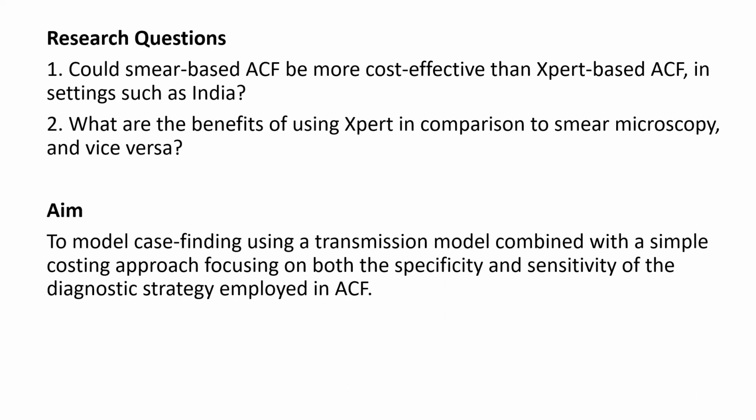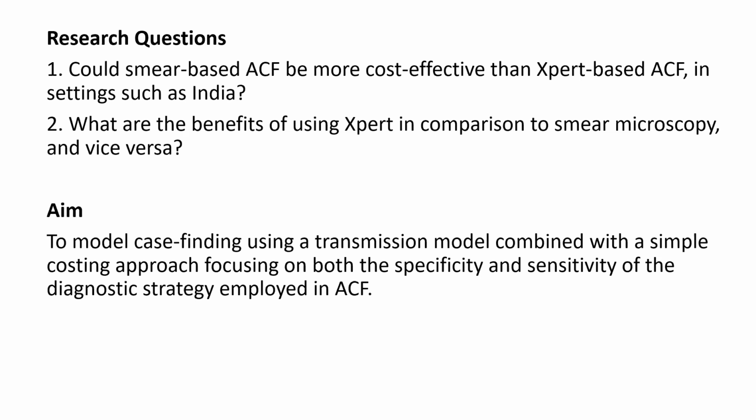To measure sensitivity, you take the true positives and divide by the sum of true positives and false negatives. For specificity, you take the value of true negatives and divide it by the sum of false positives and true negatives.